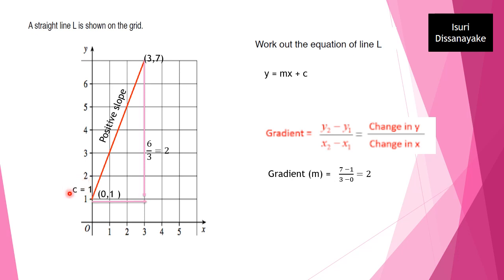Here I have labeled it c is equal to 1. Now we know your gradient, and you also know the point where the graph cuts the y-axis, which is c. You can put it together and write the equation of the straight line as y equals 2x plus 1. 2 is the gradient, plus 1 is the point where the graph cuts the y-axis.